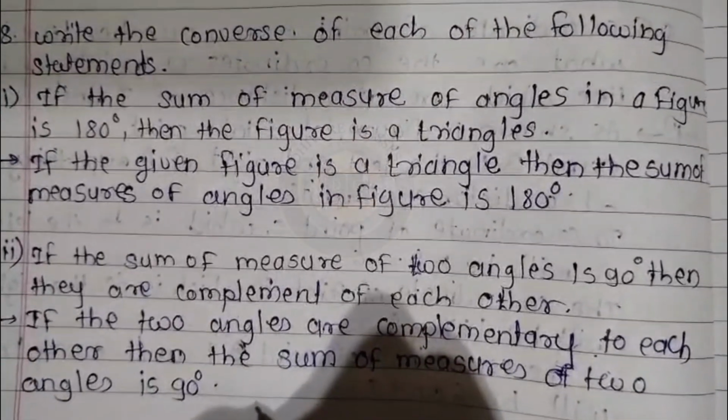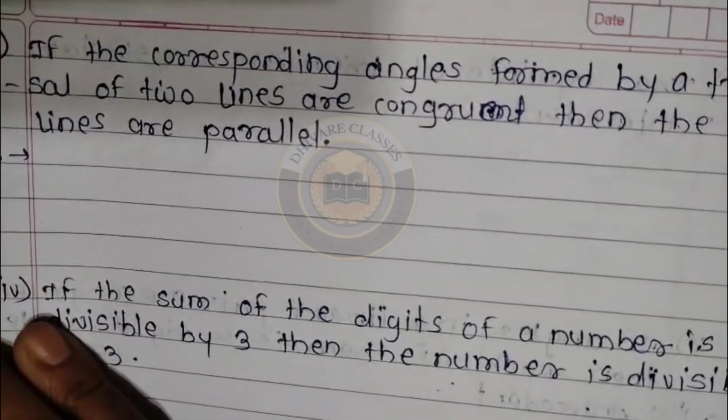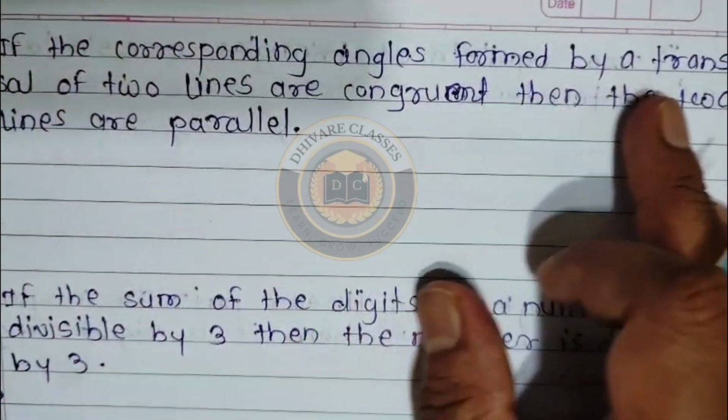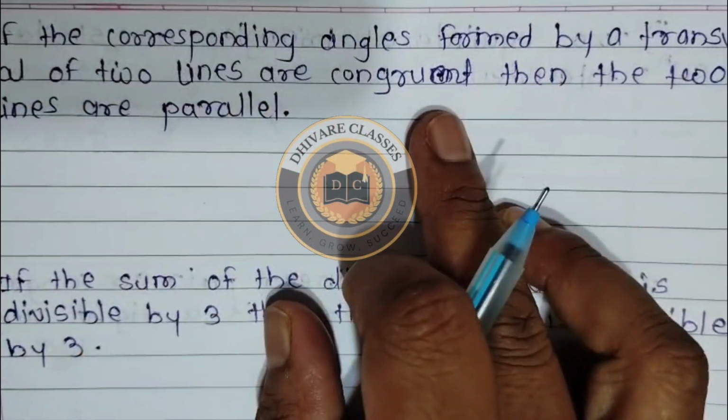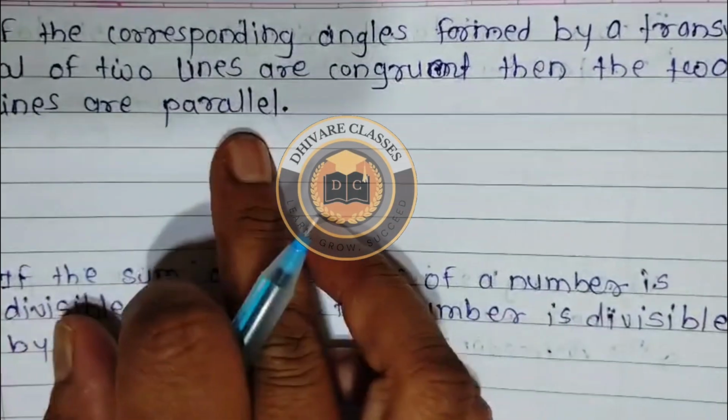Third: if the corresponding angles formed by a transversal of two lines are congruent, then the two lines are parallel.